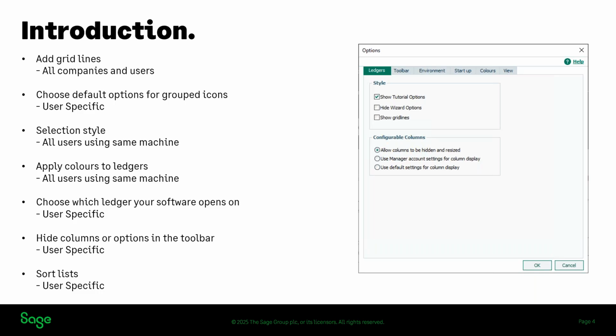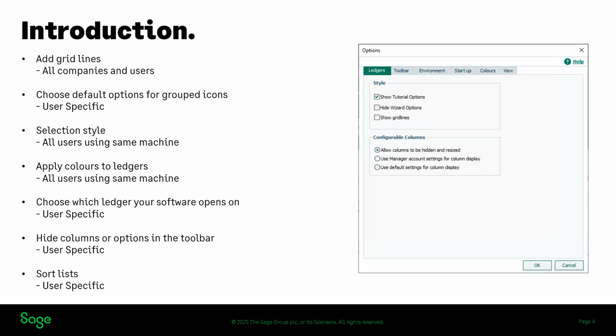Okay, so customizing your software may help you navigate your software easier. It might be as simple as adding grid lines to your ledgers. You might want to change your default grouped icon, or change your selection style.